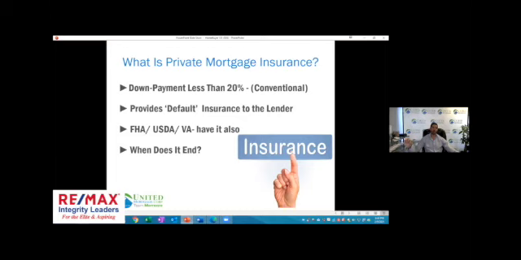So for instance, if you put down 5% on a purchase, you still have, what is that, 17% to go. So you still have to pay. That could take years. Normally on a 5% down payment program, it takes anywhere from 10 to 11 years, okay, for it to come off.